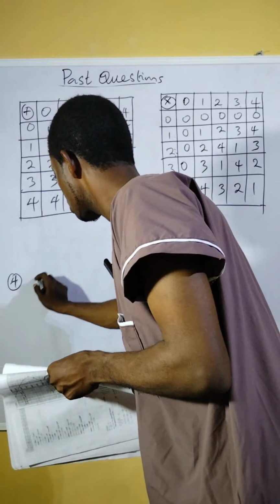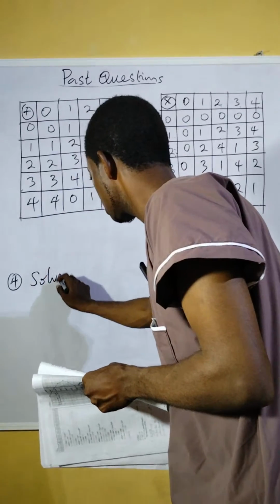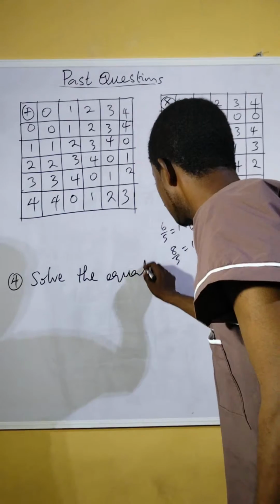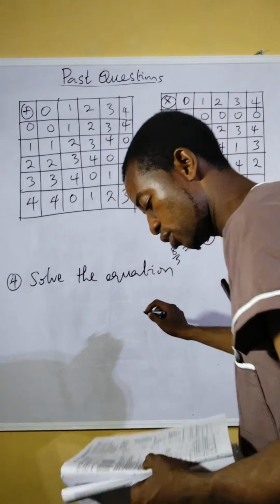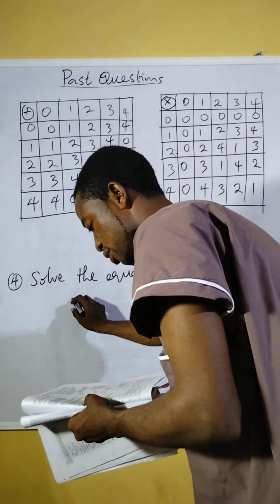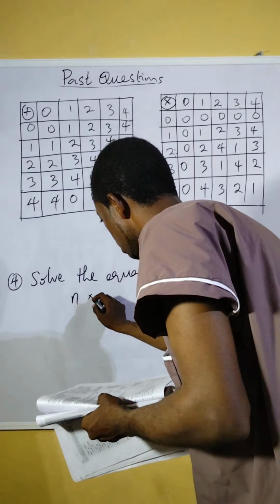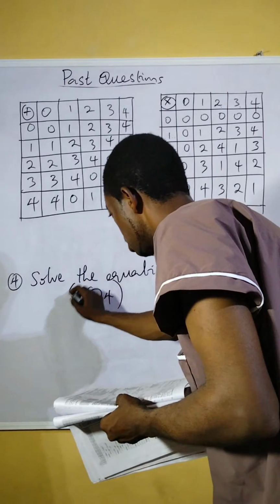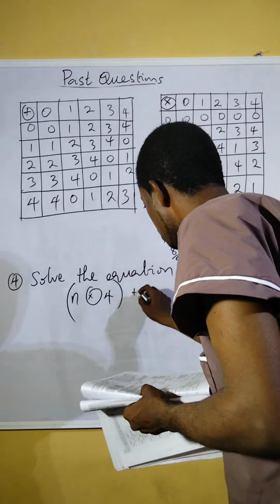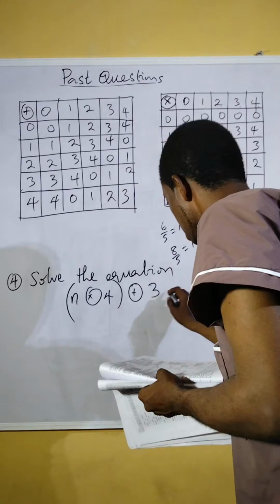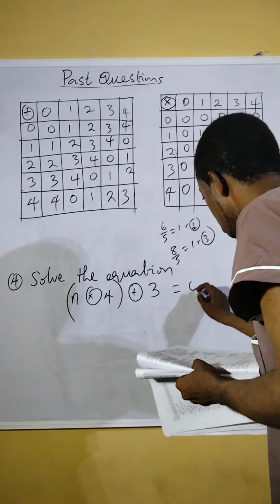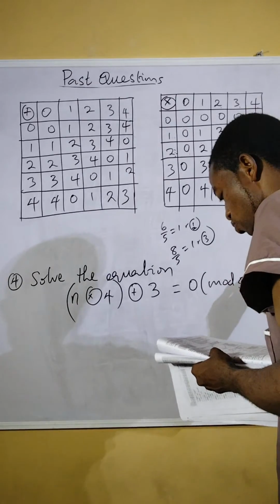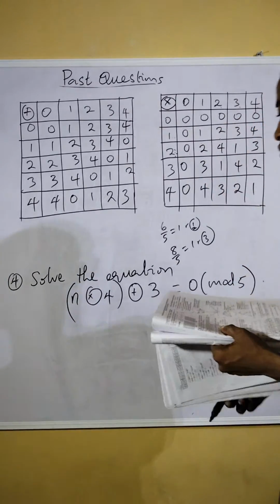Question 4 says solve the equation: n times 4, then plus 3 equals 0 mod 5. So what is the value of n here?